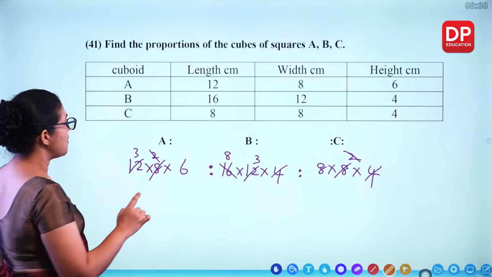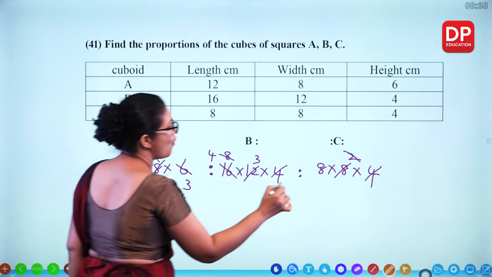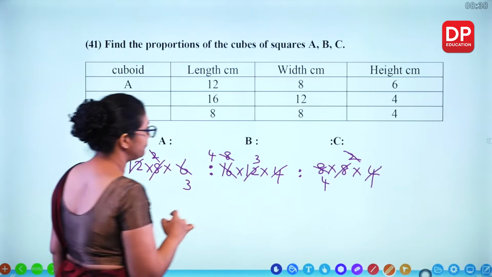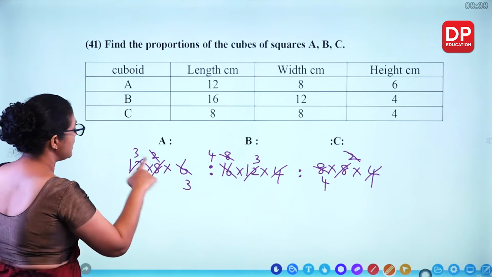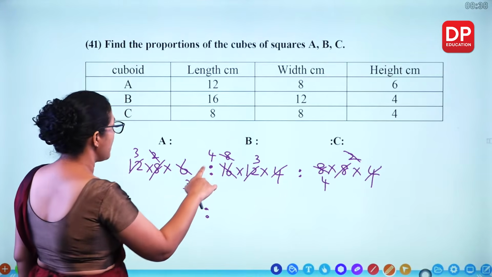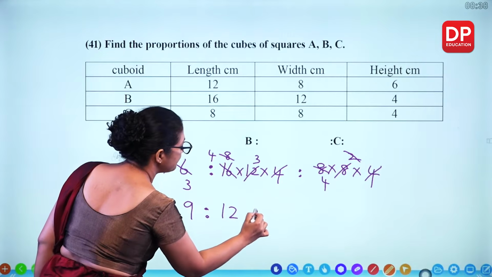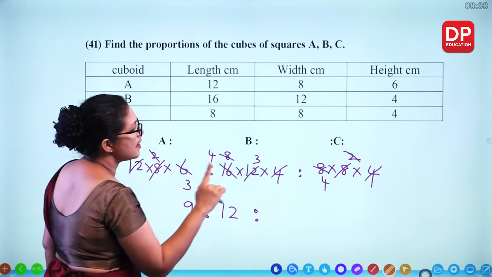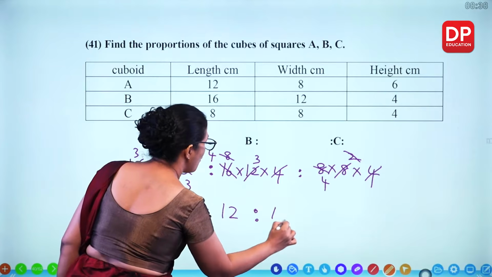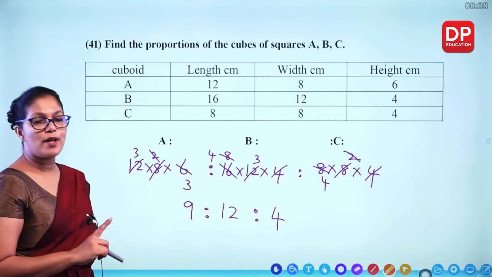We can divide by 2 again. 3, 4, 4. So what's remaining? 3 times 3, 9 remaining here. Here, 4 times 3, 12. What's here? Just 4. So the ratio between the volumes is 9 to 12 to 4.